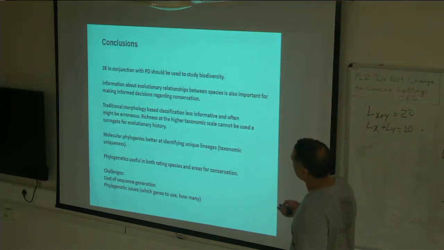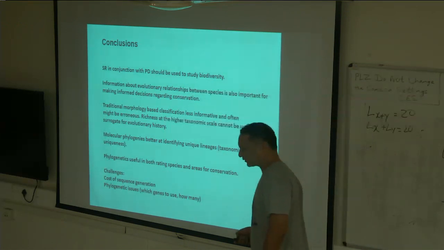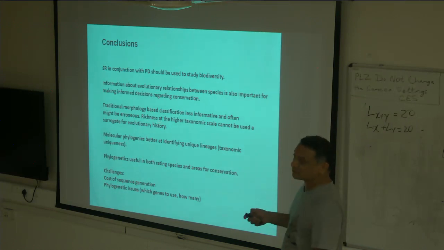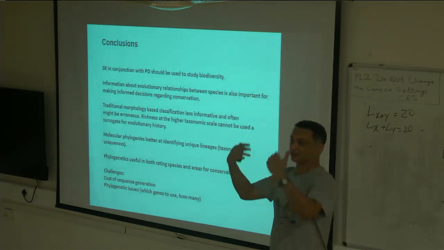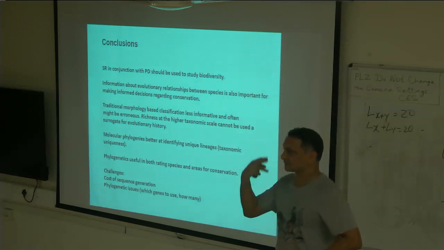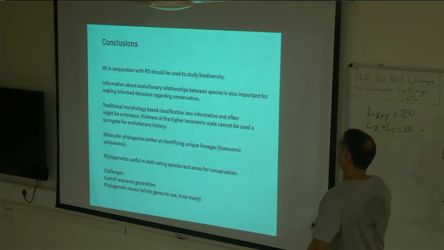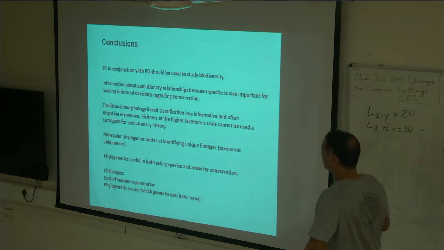Okay, so just to wrap this up, species richness in conjunction with PD should be used, and information regarding evolutionary relationships is very important. Traditional morphology-based classification cannot be used as a surrogate to determine how different species are, because, as I talked about, classes in two different groups can be of very different ages.